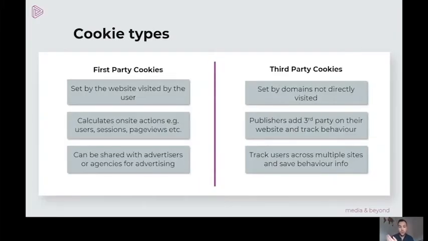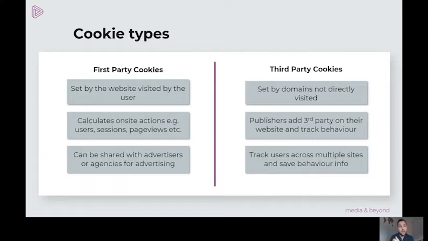So when we talk about cookies, there are essentially two main types that we refer to: first-party cookies and third-party cookies. First-party cookies are set by the individual website you visit, and they're used by that website to understand what you did there. Essentially, a website drops a cookie on you so that when you're there, it can understand what pages you viewed, how long you spent there, and whether you completed any goals.